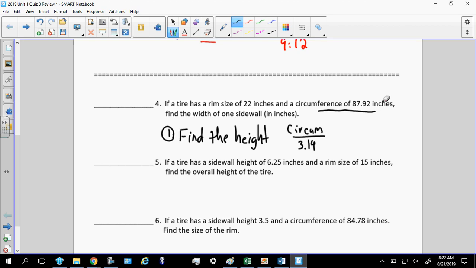All right, so 87.92, I'm just going to do this off to the side, divide that by 3.14. And so when I do that, I end up getting 28, I believe. So we have 28 inches. All right, that's our first step. Let me check that real quick.